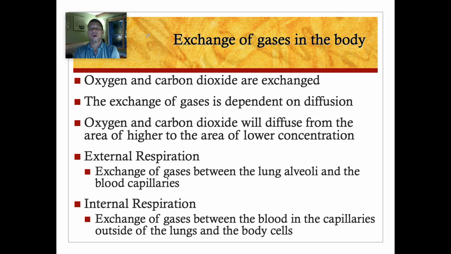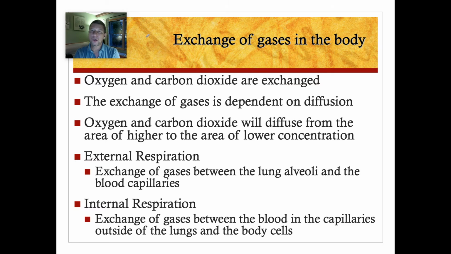It occurs in the lungs, and that's what we refer to as external respiration. This is the exchange of gases between the alveoli of the lungs and the blood capillaries that surround them. In this position, obviously, oxygen is going to diffuse into the blood, and carbon dioxide is going to diffuse out of the blood.